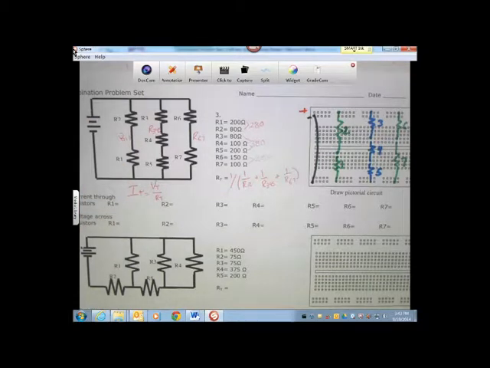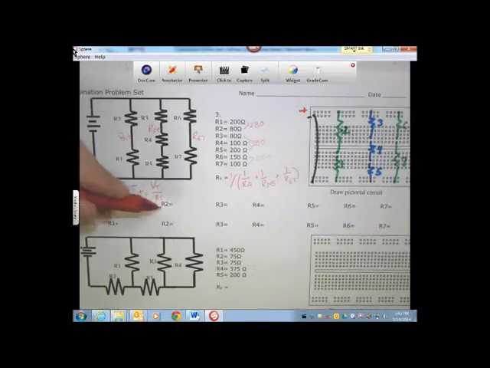So once I know my total current, I can then determine the amount of current through each branch, just like you would any other parallel circuit, because I know the voltage through each branch is 15 volts. So current through R1 and R2 are going to be the same.